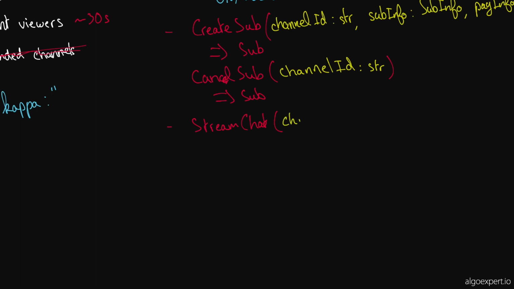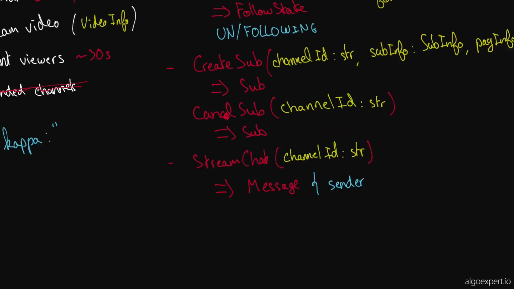The endpoint is called once on page load, and then it simply returns a stream of messages. So message is going to be an entity that we define. I'll define it here. So there's going to be maybe the sender. So the sender is going to be, let's write this in, did we have it in blue?